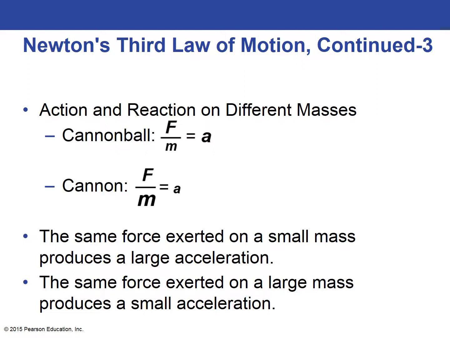Since the force that the cannon exerts on the ball is the same as the force that the ball exerts on the cannon, we can show with the equation, acceleration equals force over mass, that the cannonball will have a much larger acceleration because of its much smaller mass.